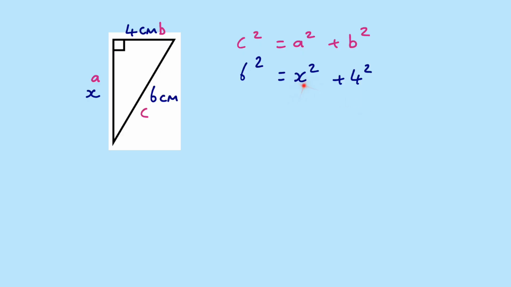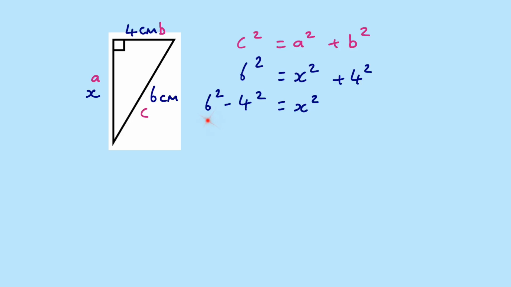Then remember we need to get the x squared by itself, so we want to get rid of the 4 squared here. So subtracting 4 squared from both sides, 6 squared minus 4 squared, so we're taking away 4 squared from the left hand side, and then we also take away 4 squared from the right hand side, which leaves us with x squared.